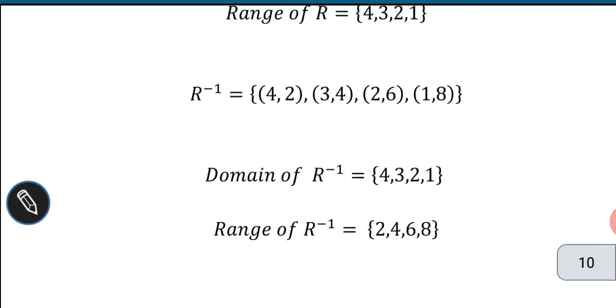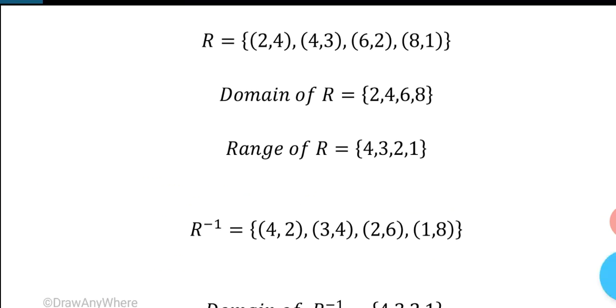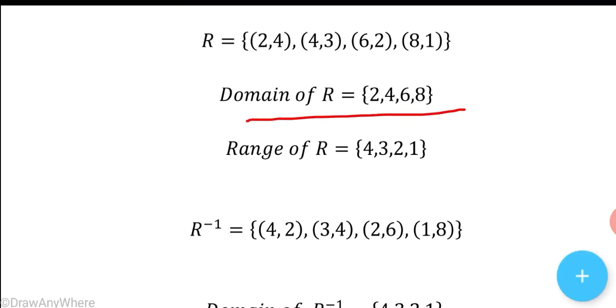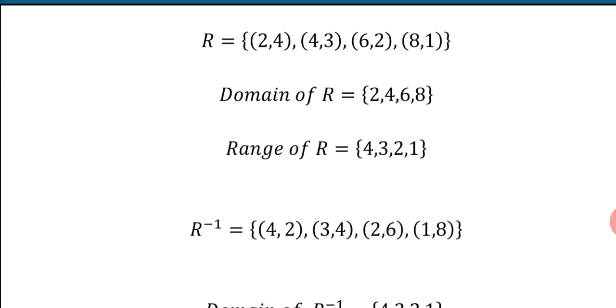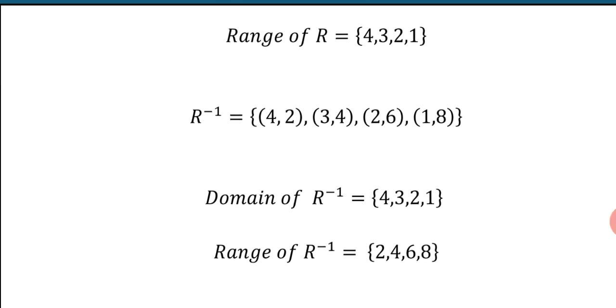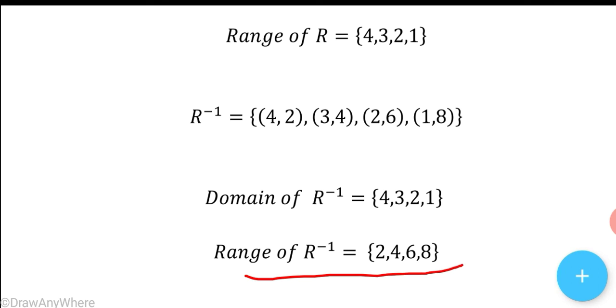Okay, here domain of R 2 comma 4 comma 6 comma 8, here range of R inverse 2 comma 4 comma 6 comma 8. Similarly, domain of R inverse equal to 4 comma 3 comma 2 comma 1, range of R is equal to 4 comma 3 comma 2 comma 1.